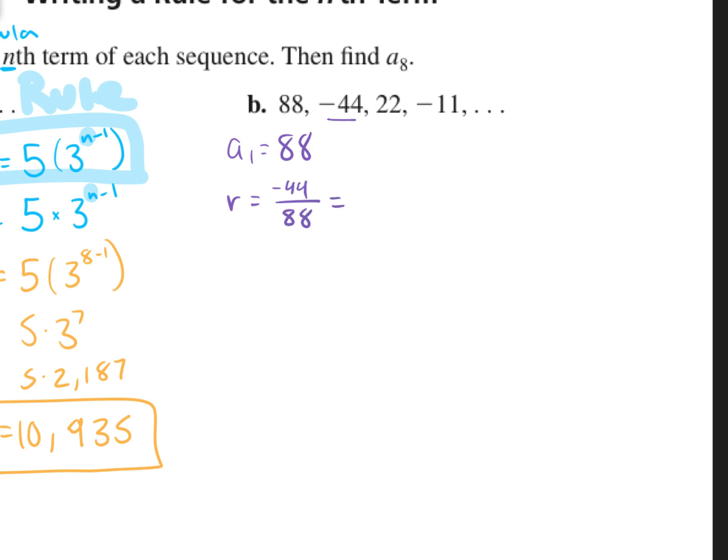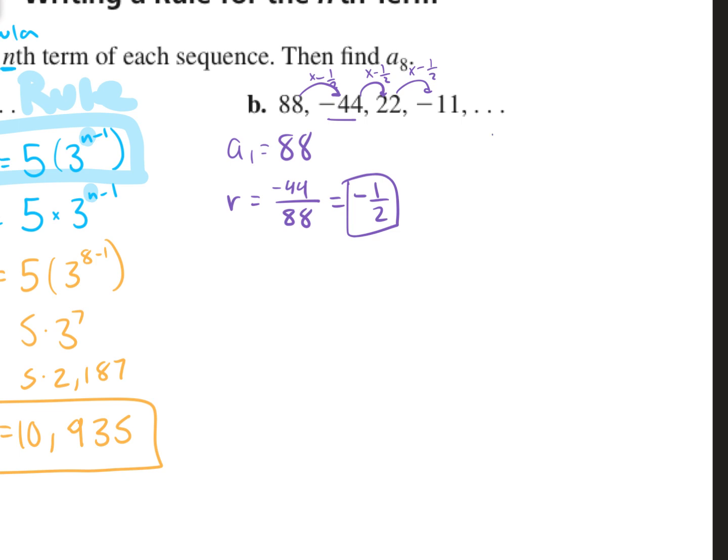What is negative 44 divided by 88? Negative 1/2. So I'm multiplying by negative 1/2 to get from one number to the next. So yes, it looks like we're dividing by 2, but when we plug it into our equation, when we need our common ratio, it's what we're multiplying. So we're multiplying by negative 1/2.